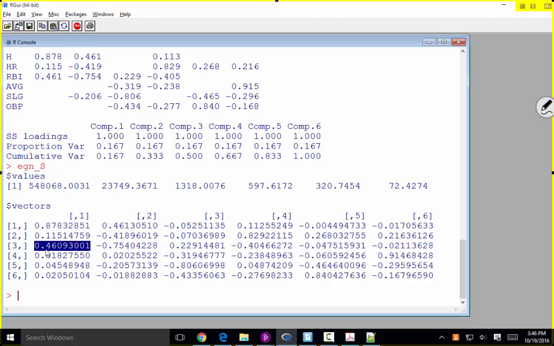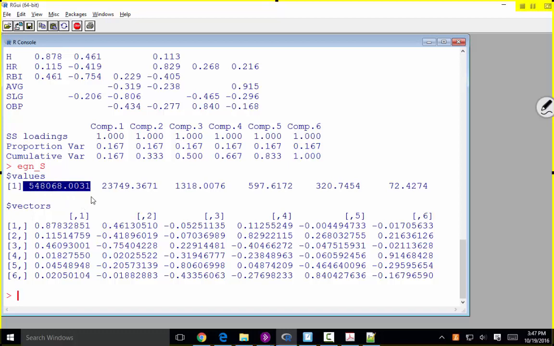If you do that weighted average of hits and home runs to take your 6 numbers down to just 1, that will have the most variance, will spread the players out most of all possible linear combinations. Okay, the eigenvalues, this 548068.